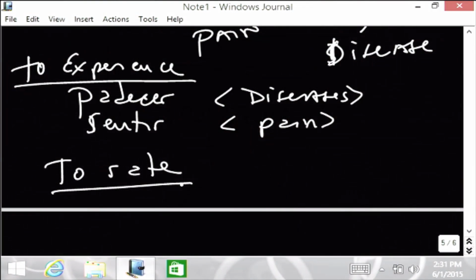To rate is a verb that is used quite often in the medical setting, and it has some interesting meaning, because if you look it up in a dictionary, to rate means so many different things. However, for us, it will always be clasificar.